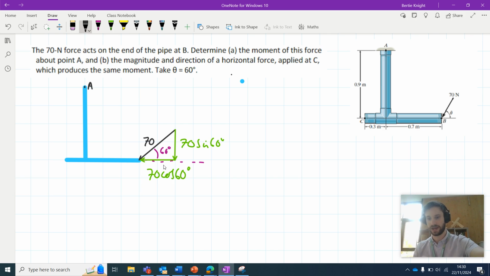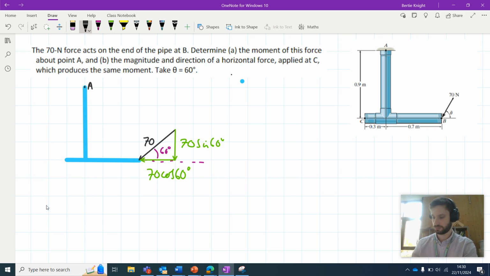Which way would the paper be rotating? Well, it would be rotating clockwise, right? What about the horizontal component? Again, it would be acting clockwise. So both of these components are contributing to a clockwise moment about A.